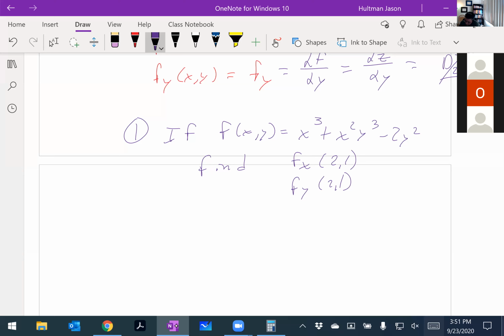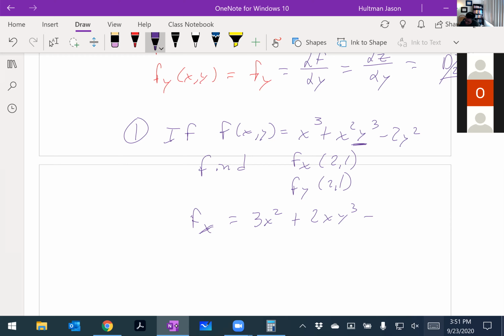So if we took f sub x here, then the x would be what I'm taking the derivative of, which means this y cubed here is a constant. Just treat it like a constant. So this is going to be 3x squared plus 2xy cubed, or we could put the y cubed in front. It doesn't matter, because this is just a constant, which would go with the 2.